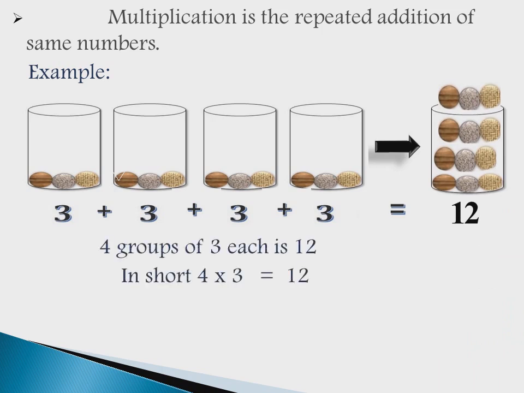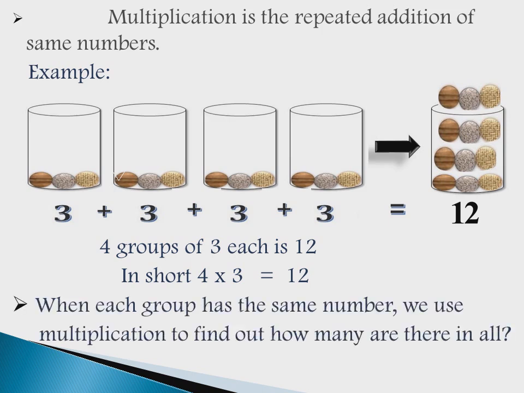That is, 4 groups of 3 marbles each is 12. Instead of adding 3 plus 3 plus 3 plus 3, we can simply multiply 4 times 3 equal to 12. So from this example, we learn when each group has the same number, we use multiplication to find out how many are there in all.